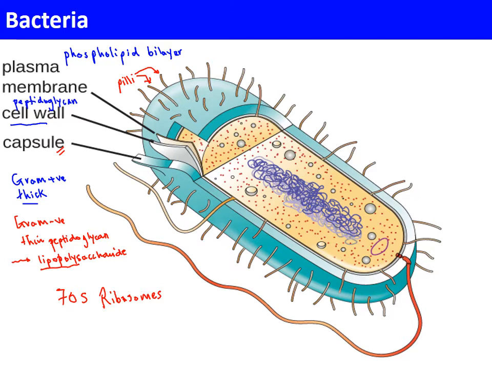There's no nucleus, there's no membrane-bound organelles, because we know bacteria can be between 1 to 10 micrometers in length. So these are only small prokaryotic cells. These are about the same size as individual mitochondria or individual chloroplasts, normally about 1 to 5 micrometers, sometimes a bit longer, 1 to 10 micrometers.